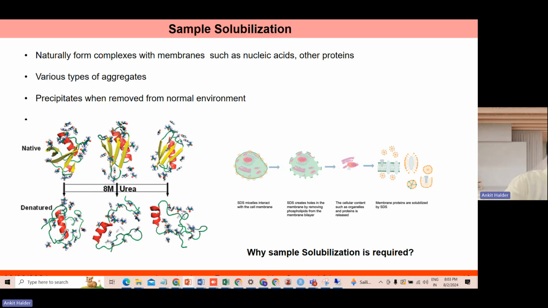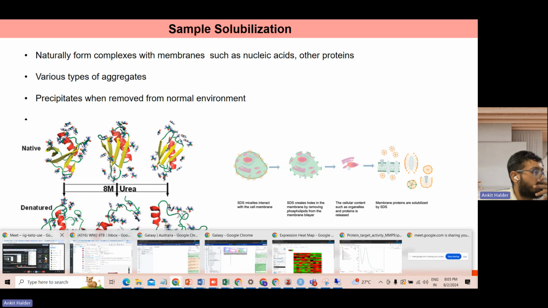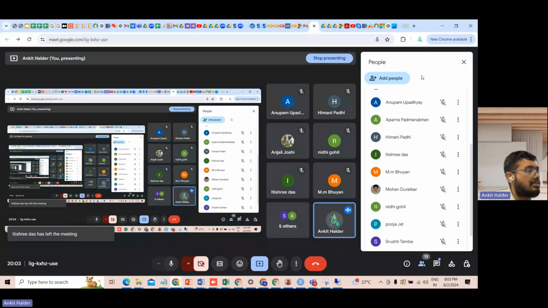So what I mean is that proteins naturally form different complexes and adhere to different membranes, nucleic acids and other proteins, leading to various types of aggregates, and they precipitate out when removed from the natural environment.